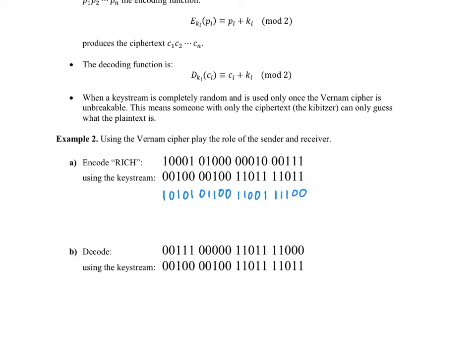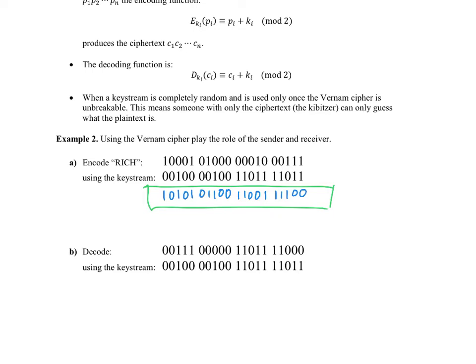So we would go ahead and say, here's our list of ones and zeros. That's what we want to send away, and the receiver would have to deal with that, and hopefully would have the key stream to do the decoding and get the word back. So below, now we'll play the role of the decoder, of the receiver, and really this encoding and decoding process is exactly the same.